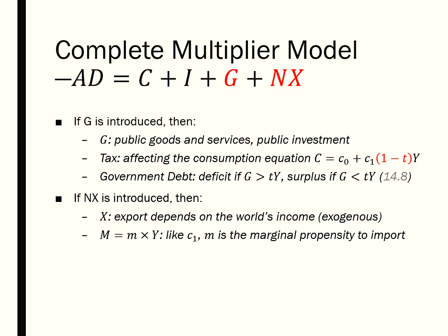And there's another difference. If you notice, there's no intercept here. The intercept C0 in the consumption equation stands for the autonomous consumption, even though you don't earn any money, right? But in the case of import, if you don't have any income, then you basically don't consume any imported goods.